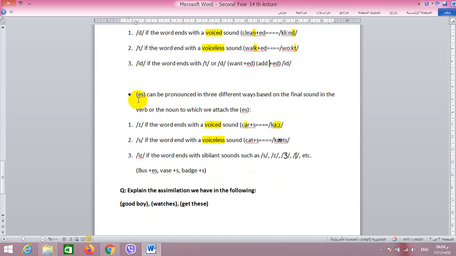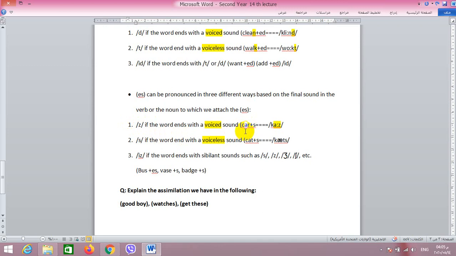The same thing is applicable to the addition of es to nouns, or to form the third person singular of the verb. Now again, this s or es can be pronounced in three different ways. I think you can figure out the rule. Z, when the noun ends in a voiced sound.